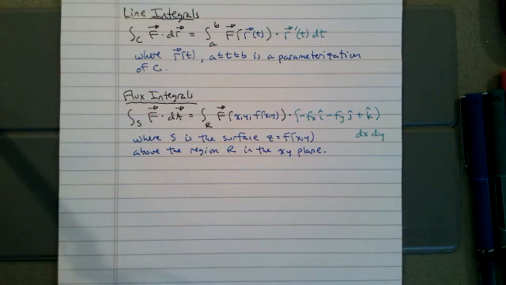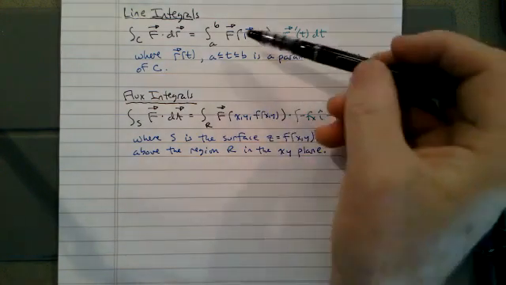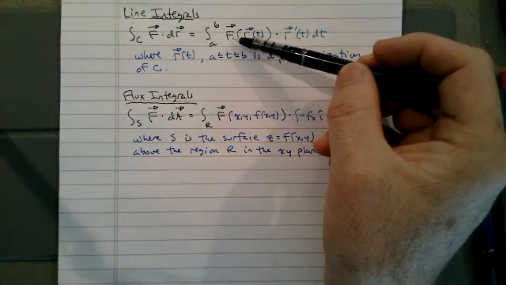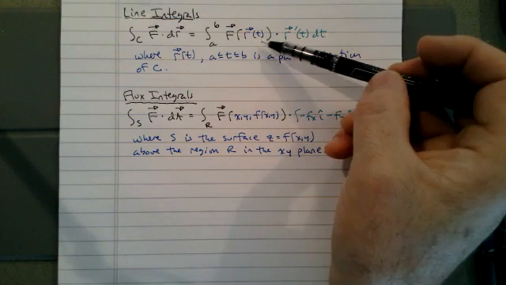We evaluate the function at a bunch of points, and then we add up all those values. Area is equal to length times width, but the length is variable. So we assume that the length is constant for a little while so that we can use multiplication. But the big idea is that we're evaluating the function, the vector field in this case, at all the points on the curve.